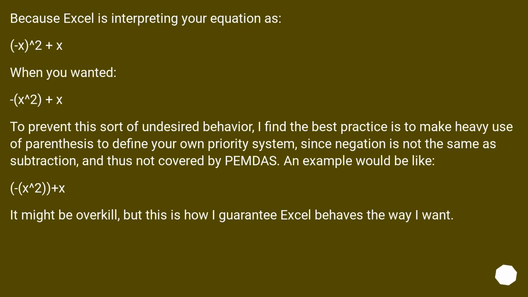Because Excel is interpreting your equation as (-x)^2 + x, when you wanted -(x^2) + x. To prevent this sort of undesired behavior, I find that the best practice is to make heavy use of parentheses to define your own priority system, since negation is not the same as subtraction, and thus not covered by PEMDAS.